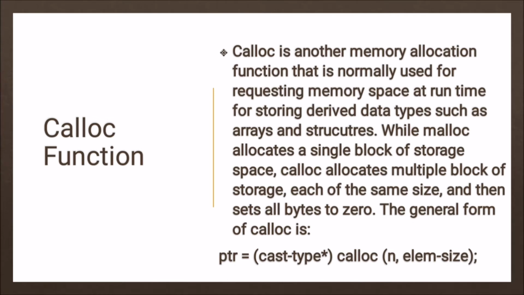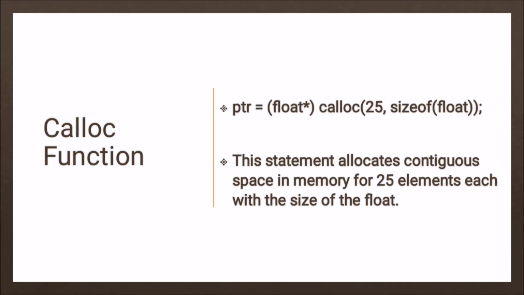So the general form of calloc is ptr = (cast type *) calloc(n, element size), where n is the number of elements we require, for example 5, 10, or we can get it from the user, and the element size is in terms of the cast type, so the size of integer, float, likewise.